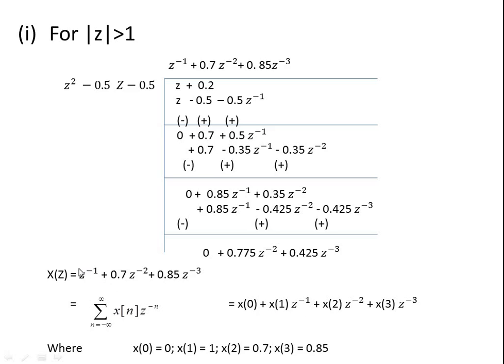Here we do not have any constant term, so we write x of 0 as 0, and the coefficient of z inverse is x of 1. So the coefficient of z inverse is 1, z power minus 2 is 0.7, and z power minus 3 is 0.85. Likewise we can convert the given x of z sequence into x of n sequence.